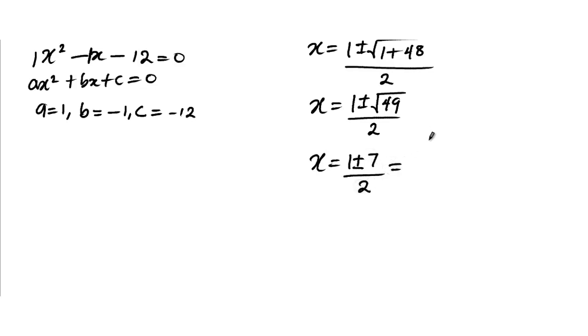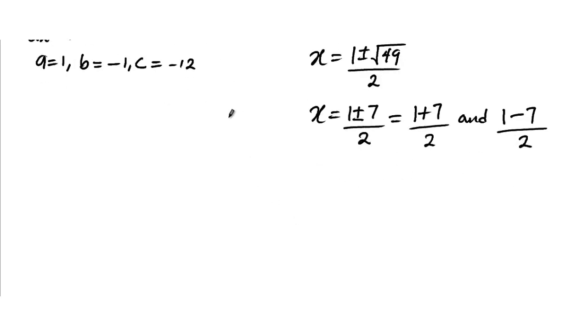So this will return 1 plus 7 over 2 and 1 minus 7 over 2. If we decompose it, we now have x equal to 1 plus 7, that is 8 over 2, and x equal to 1 minus 7, that's minus 6 over 2.